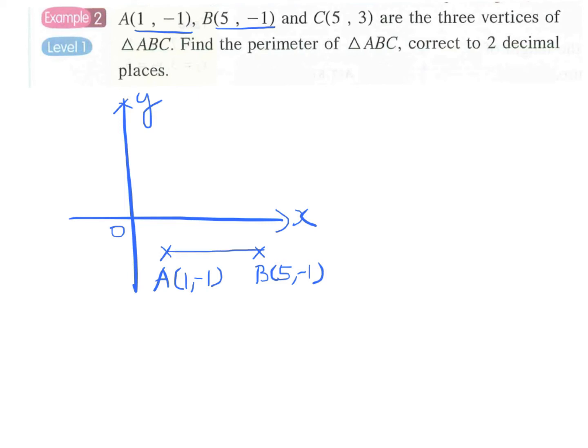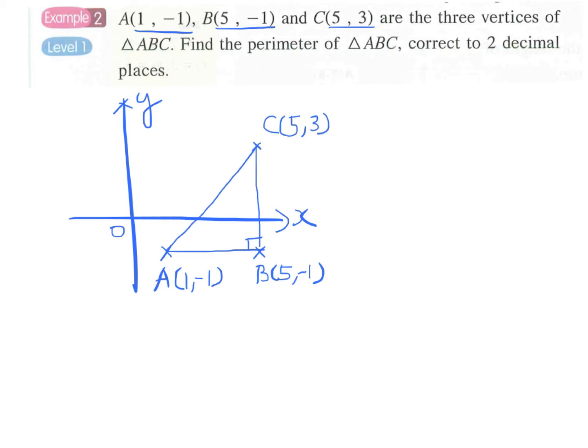And for point C, it will be (5, 3). So it has the same x coordinate as point B. So point C will be directly above point B. The y coordinate is 3, so it will be above point B. So this will be a right angle. And it is obvious that triangle ABC is a right-angled triangle.